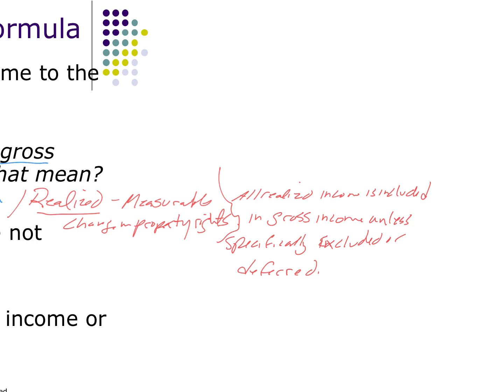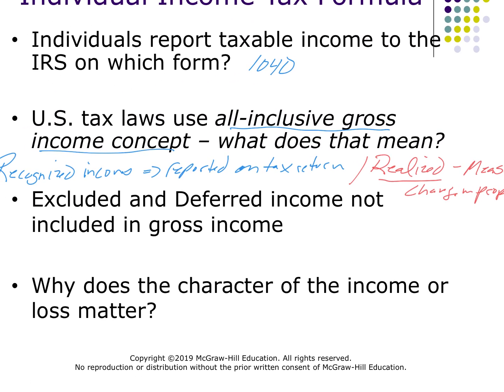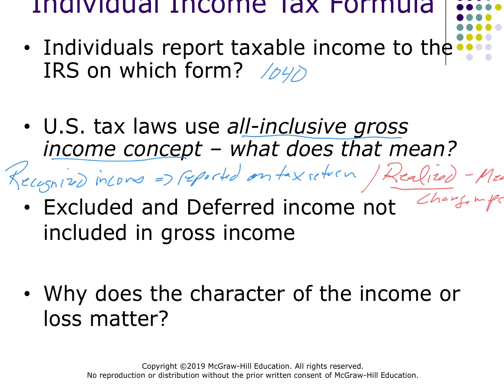Now, excluded and deferred income does not have to be included in gross income in the current year. What is an example of excluded income? Excluded means never included in gross income. So what do we know that's excluded? Well, municipal bond interest, right?